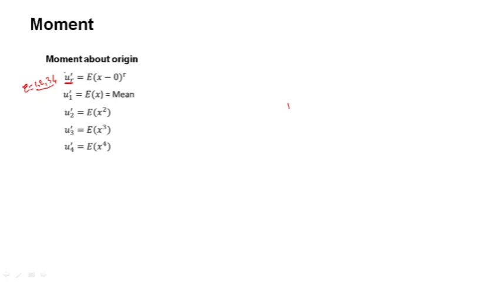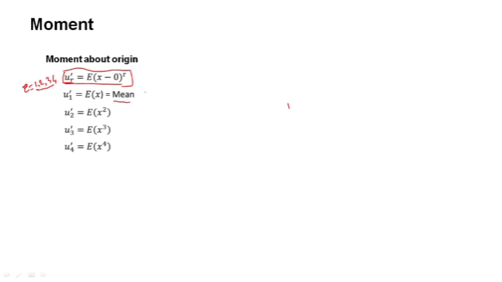So this is the formula used for finding the moment about the origin. Mu dash r equals E of (x minus 0) to the power r. This is the rth moment, where E of x is nothing but the expected value of x. So the expected value of x is the first moment about the origin. How do we read this? The first moment about the origin is the mean here.